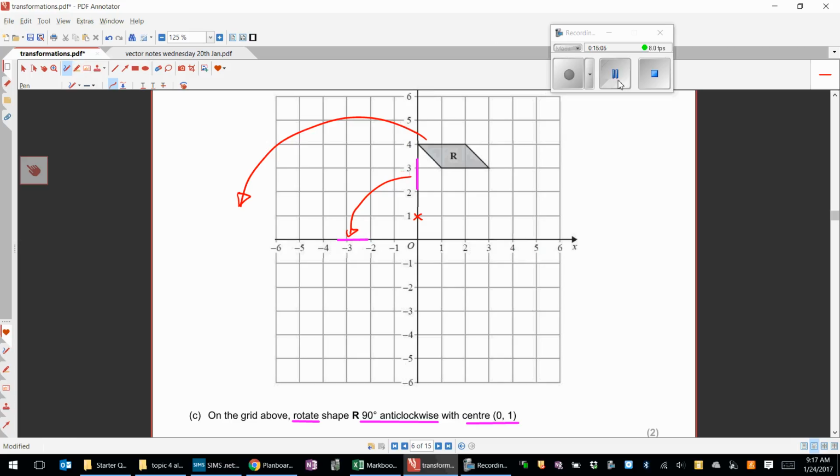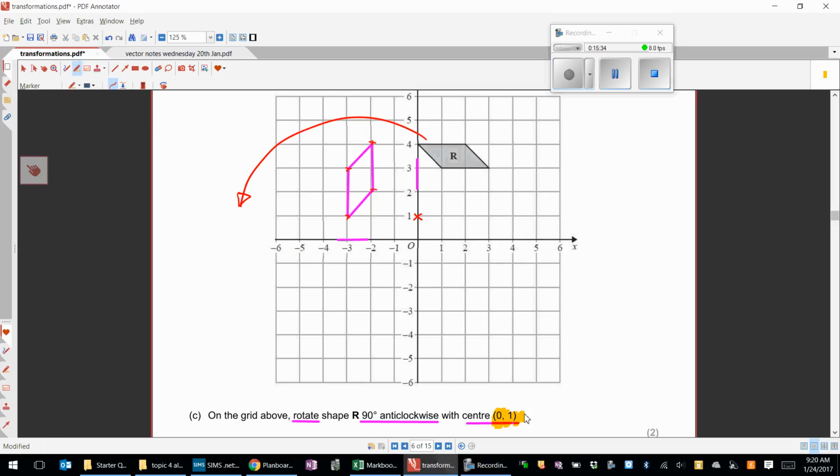Okay, so it should be clear it's a rotation. Remember we wrote notes and said it looks like it's pointing down now. So I would say instead of facing to the side, it's now pointing up and down. Well, it's still a little bit. Are you doing it at the right point? Now, obviously, you've got to be very careful that you definitely do the centre in the right place.